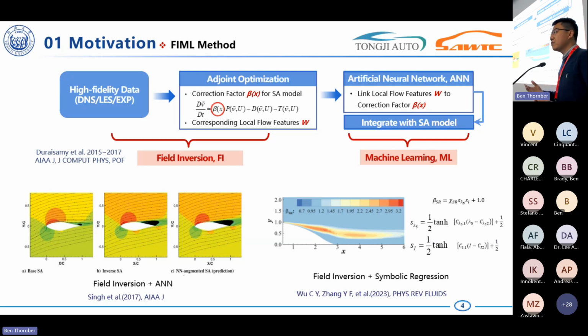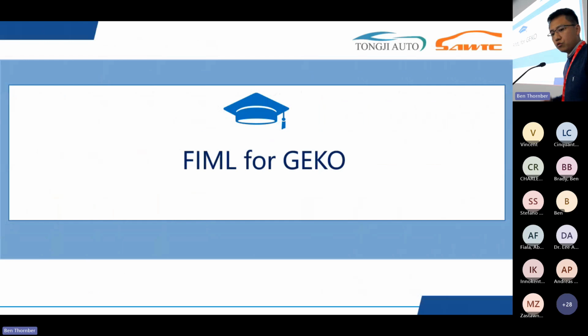But until now, its suitability for very complex 3D flows, such as flow around a car, is still unclear. So in this work, we made a very initial attempt to use FIML for the GEKO simulation of the Windsor body.